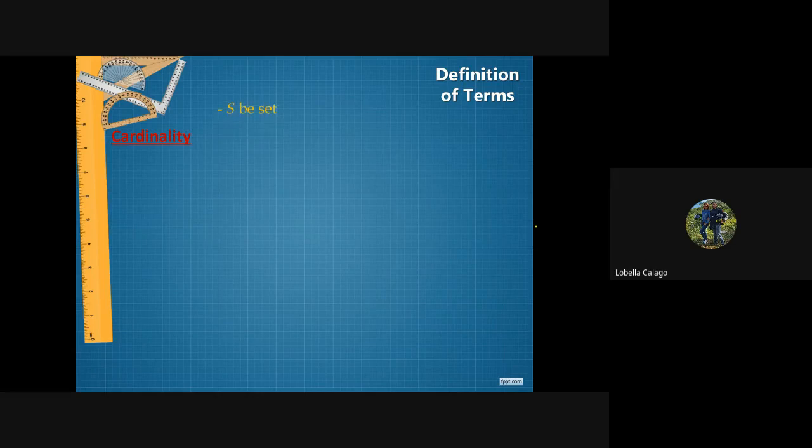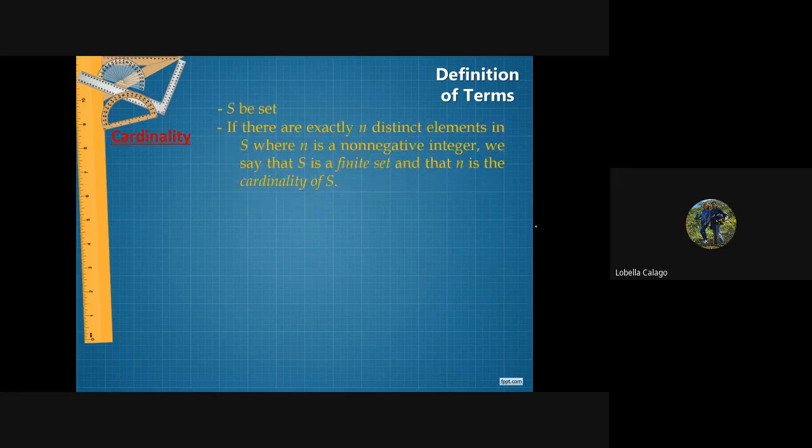Cardinality. Anong ibig sabihin ng cardinality? Yan. A cardinality is the number, if there are exactly n distinct elements in S, n is the cardinality of S. Cardinality is the number of elements in the set. Ibig sabihin, ika-count po natin ilang elements ang meron si set.